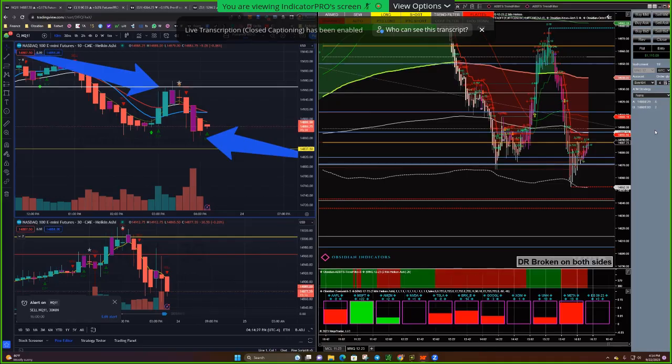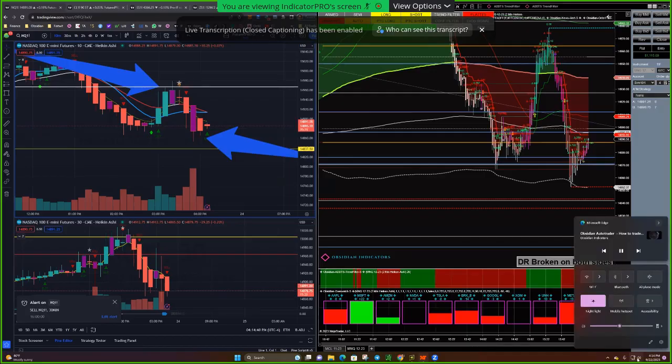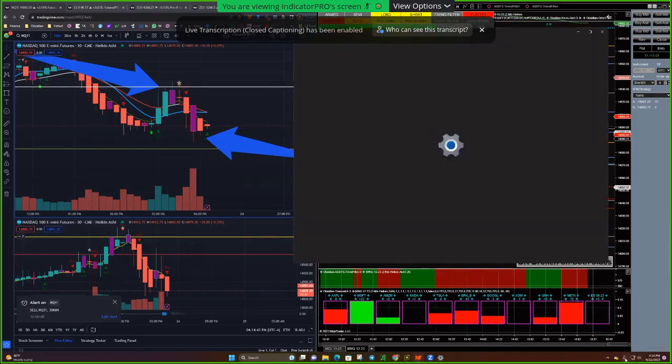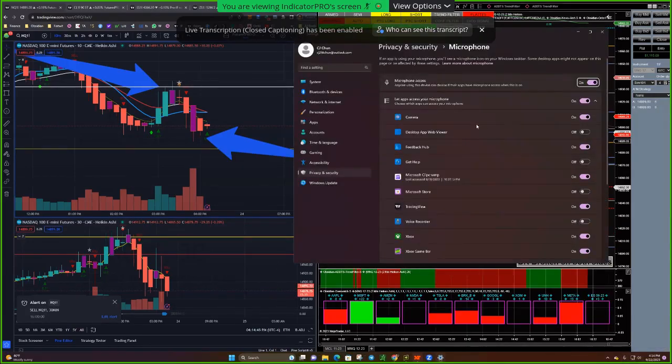You can also go into the indicator and uncheck the sound button.